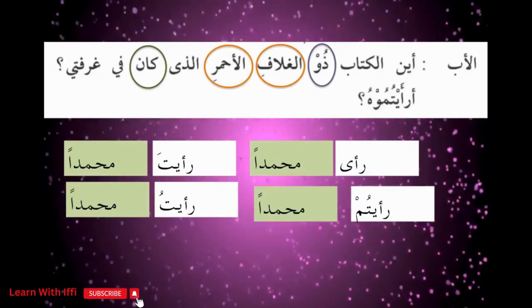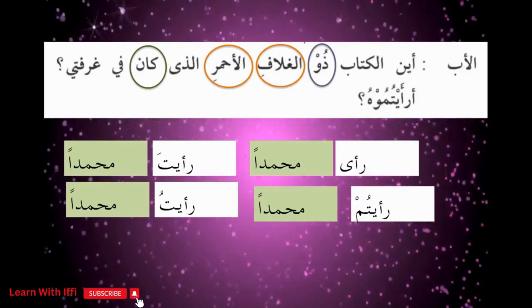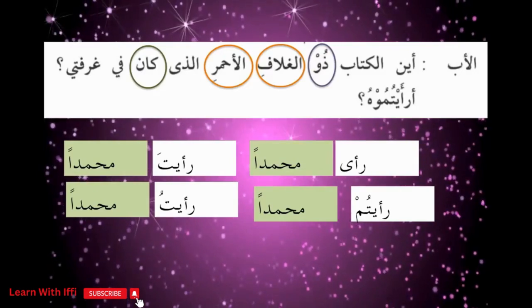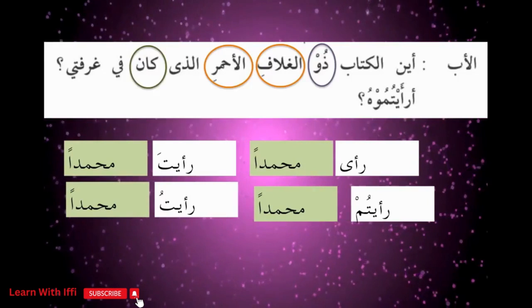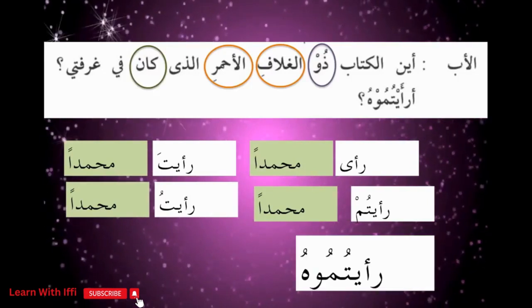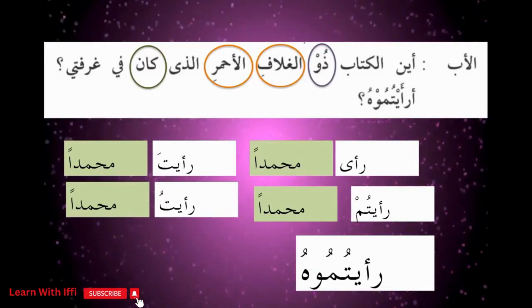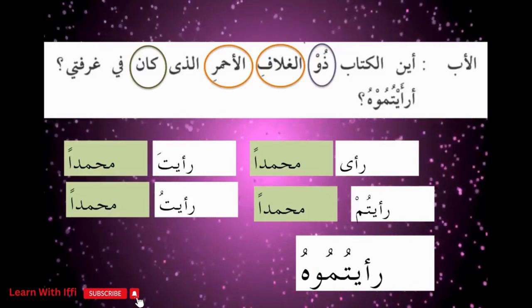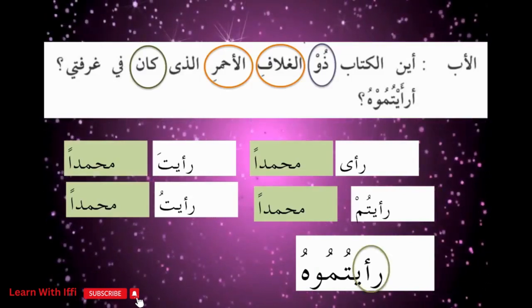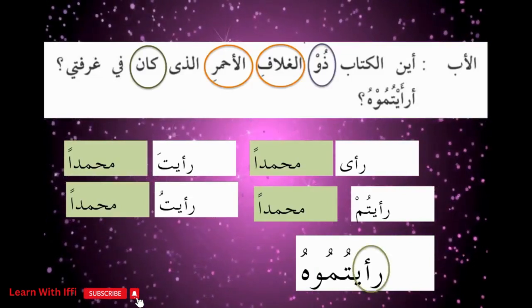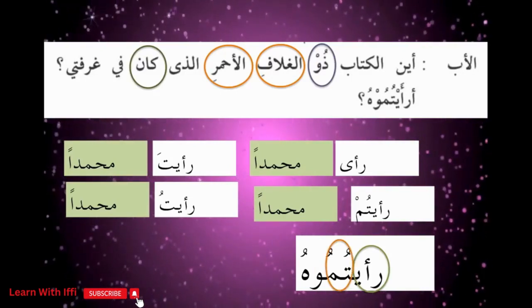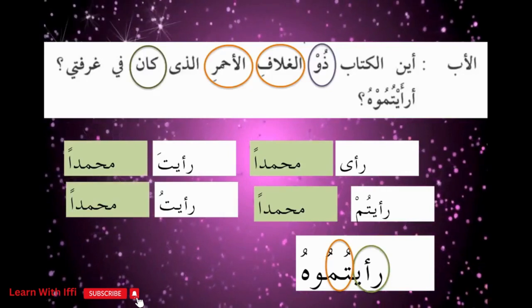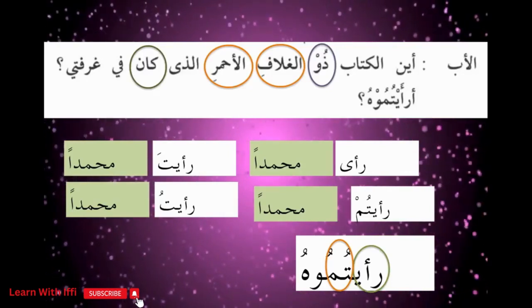But if we make this Muhammadun, the noun, into a pronoun, a damir, then there is some change happening in ra'aytum. So we're just going to see how it is written. See, it is written as ra'aytumuhu. So what are the changes we're seeing here? Ra'i is your fa'il, tum is your fa'il, but instead of sukun, that sukun is changed into dhamma.